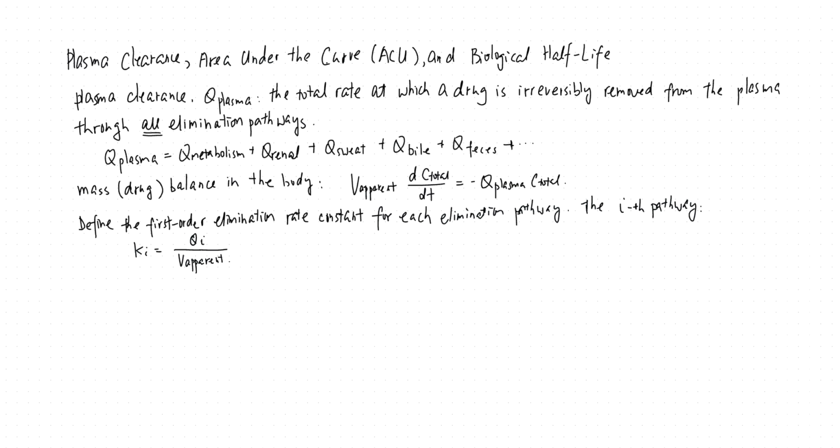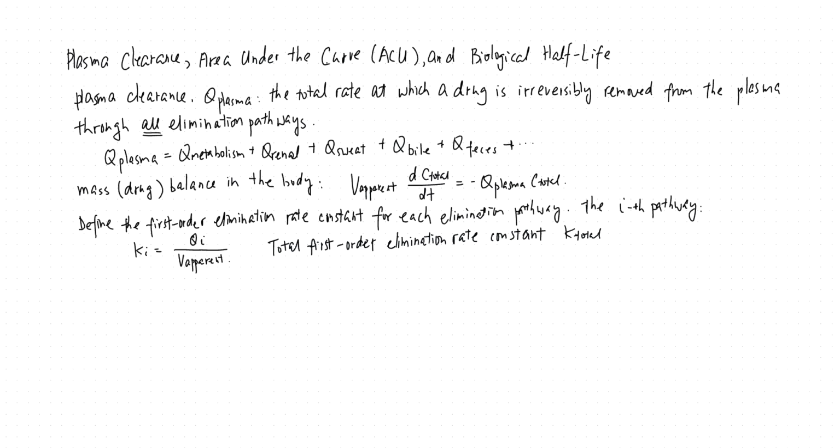Now we can sum over all elimination routes, and then we get the total first order elimination rate constant. We call it K total, little k.